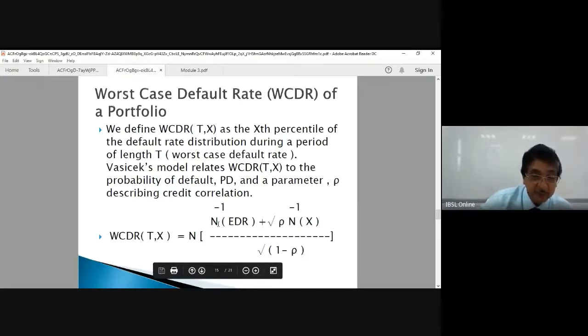That is what you mean by N minus 1. We call it the inverse normal curve. I think this terminology is important, so be familiar with these notations, because when you are in a forum you sometimes need to explain these things. So you have to understand the vocabulary with regard to these things. We call this the inverse normal curve of EDR. That's what it means by N minus 1.